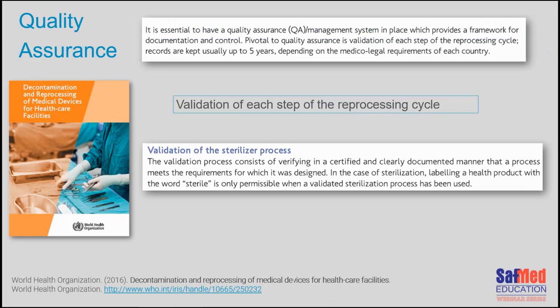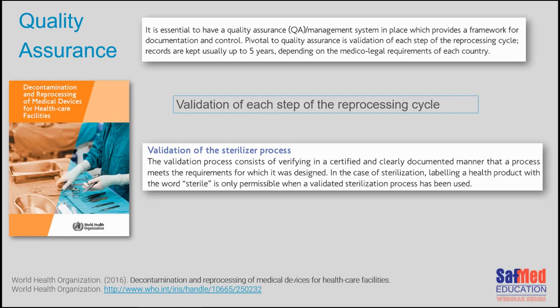If we go back to quality assurance and validation, remember I said in this webinar, we're focusing a little bit more on the validation of the sterilization process. I'm making the assumption that you all work in CSSD. I'm making the assumption that you have an idea of how an autoclave or a sterilizer actually works. What is validation?